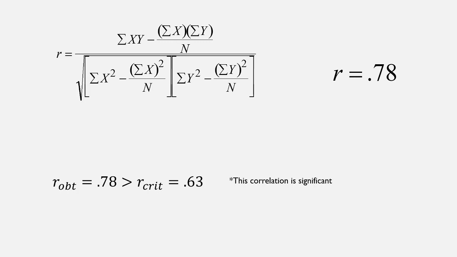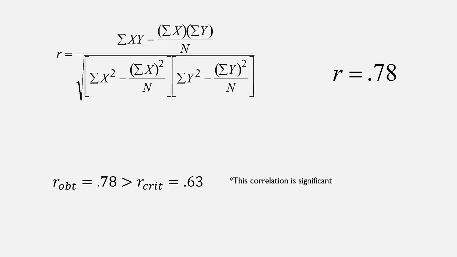One point I'd like to make here, because this is often a source of confusion, is that when interpreting your Pearson's R for significance, you use the absolute value of the R value. In this case, it didn't matter because this was a positive correlation anyway. But do recall that the magnitude or strength of the correlation is about its distance from zero. So when you're evaluating your Pearson's R for significance, if you have a negative Pearson's R, make sure to take the absolute value of that R when you go to interpret significance.